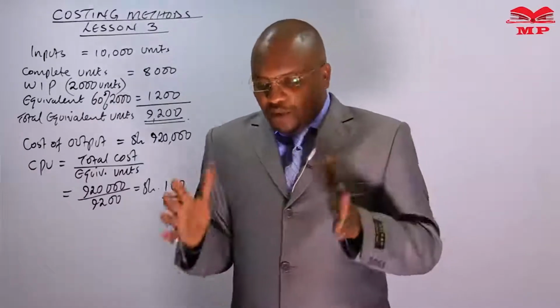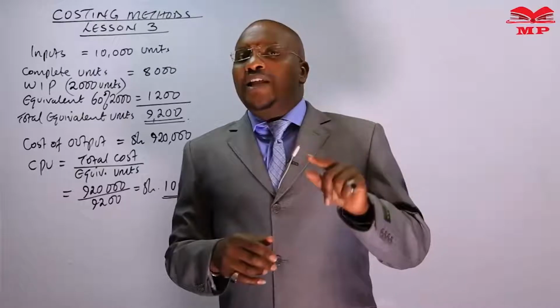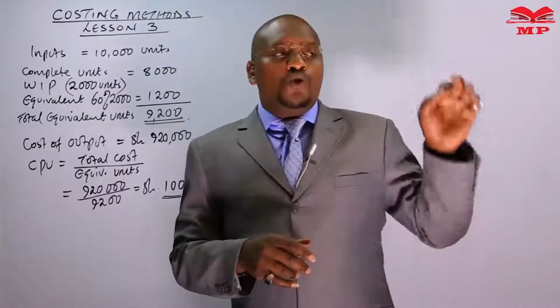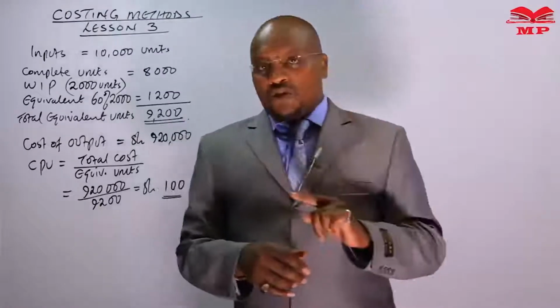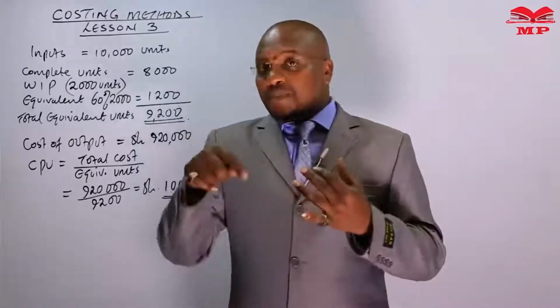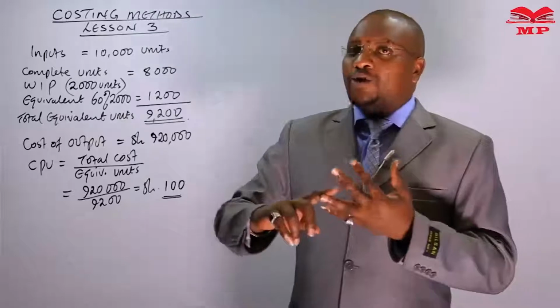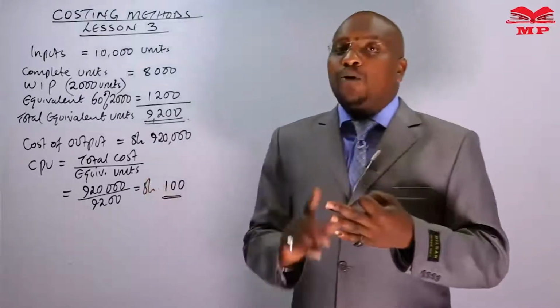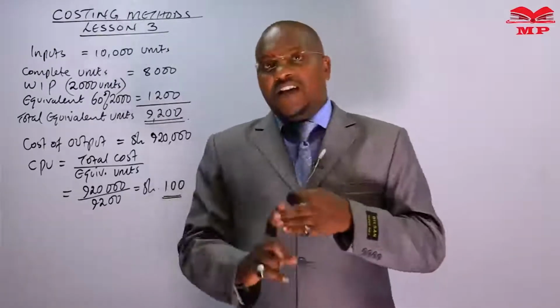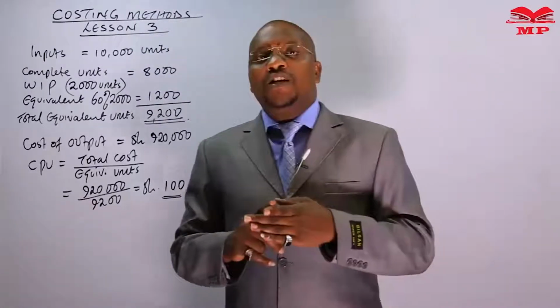Let's say we're talking about process 2. The costs that we incurred in process 1 to complete units that now are transferred to process 2, that cost is what we call the transfer in cost. Then in this process, which is process 2, we are going to have some materials added. We'll be having some conversion costs like the labor costs, and we have also the overheads.